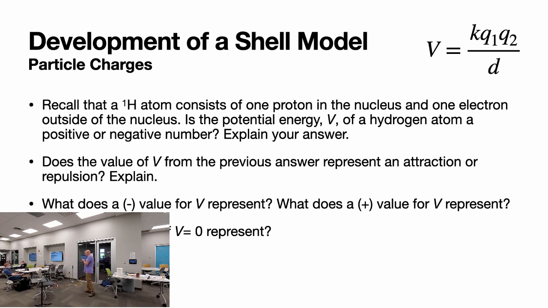So, if particles, like if Q1 is a neutron, wouldn't it have no charge? In that case, you would have a 0. But that would be the only time you would have that. And we really don't care about neutrons because they don't contribute to the attractions that we're talking about.